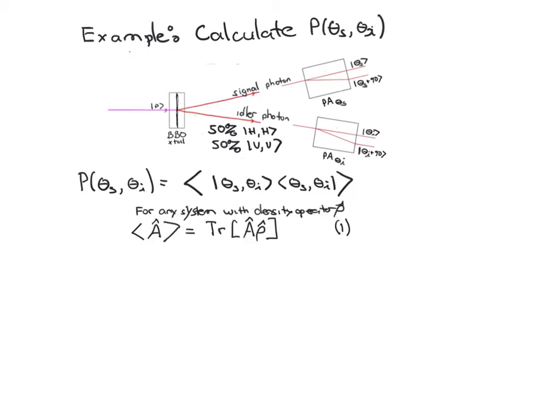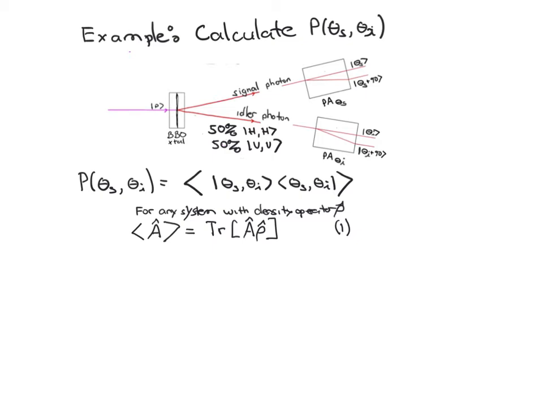And now we're going to make use of result 1 on the previous page, which said that the expectation value of any operator can be calculated by taking the trace of that operator times the density operator.